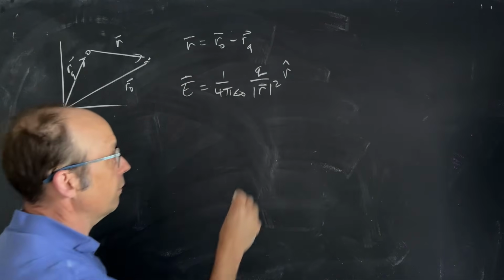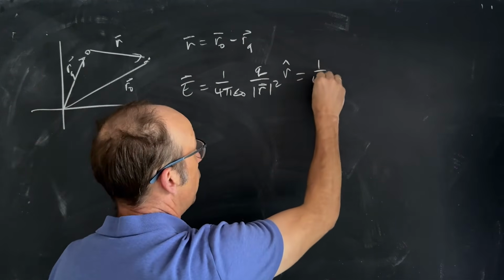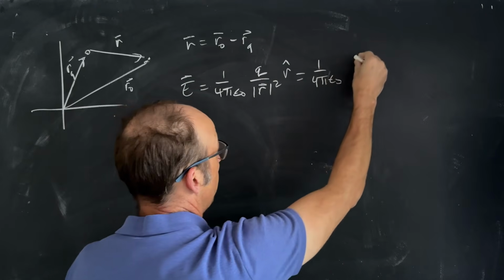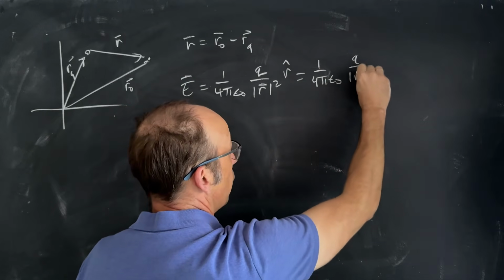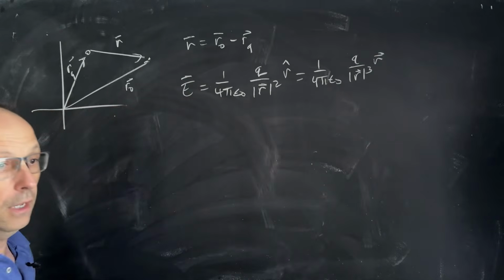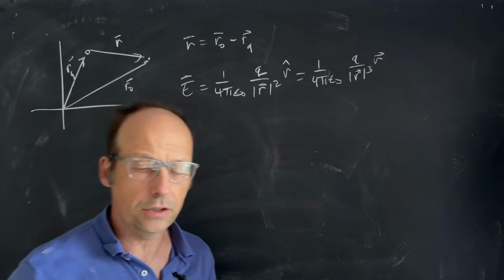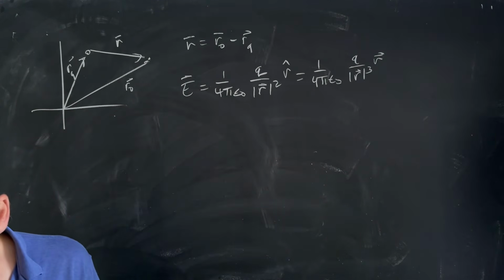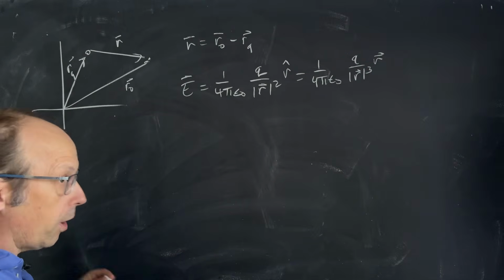There's another version of this that's sometimes useful: 1 over 4 pi epsilon naught, Q over the magnitude of R cubed, times R. We can use this in a lot of different situations, and we will. Now, imagine that I have more than one point charge.